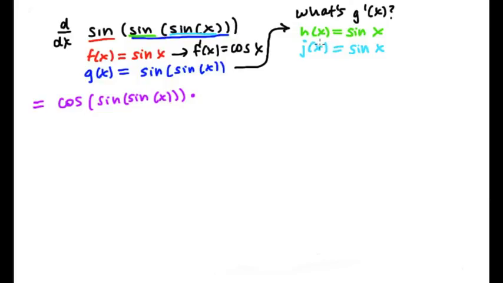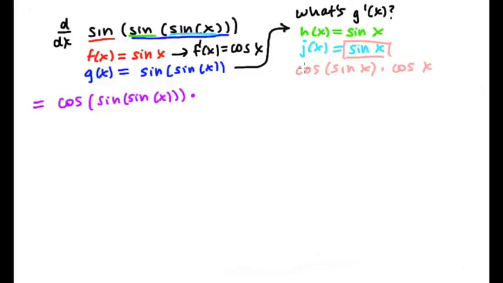So g prime of x, or the derivative of sine of sine of x, is going to be h prime of x, which is cosine x. But instead of x, we're going to replace it by this whole inside here, which is sine of x. So it's cosine of sine of x times the derivative of j of x, which is cosine of x.